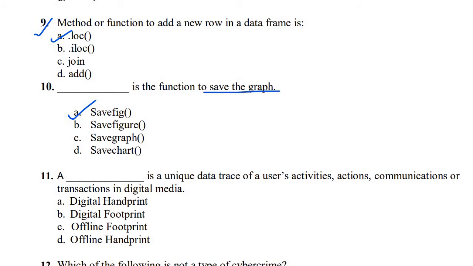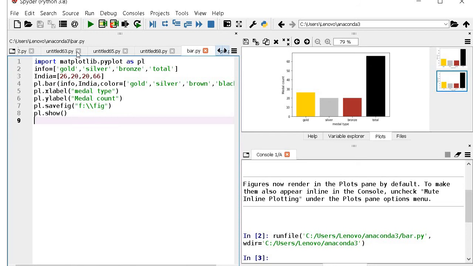And for example, I am giving you an example here. So in this question number 10, we are using savefig. Like we have a graph here. We are plotting a bar chart here, and when you run it, you will find that this is your graph. And I am using a plt.savefig function here, and I have given a path of my F drive.